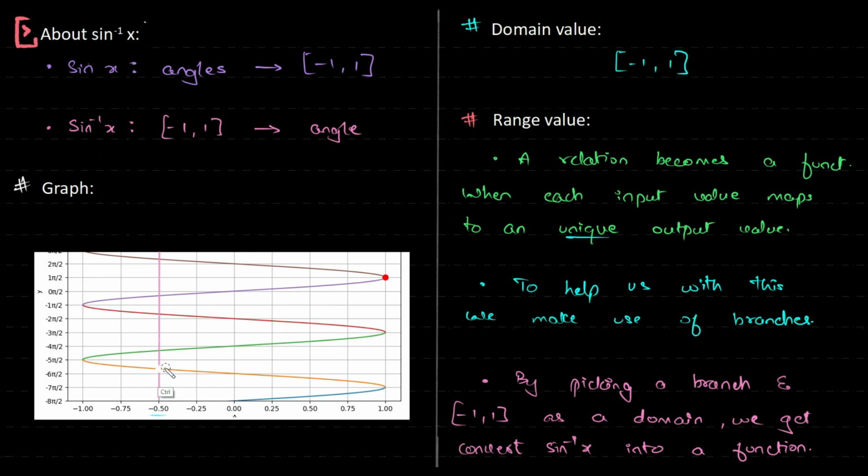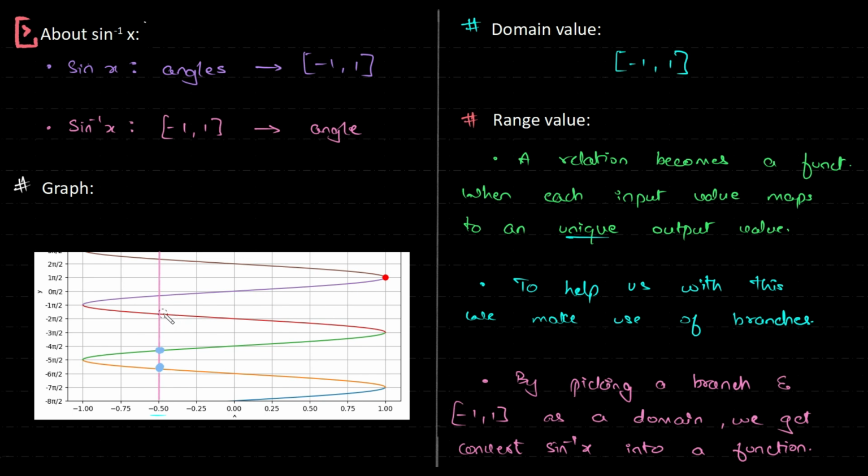This is my output. If they tell me no, the branch is -5 pi by 2 to 3 pi by 2, then that would be my output, and so on and so forth. So depending on the branch, it has to be a particular branch. If not, you won't be able to tell the answer.